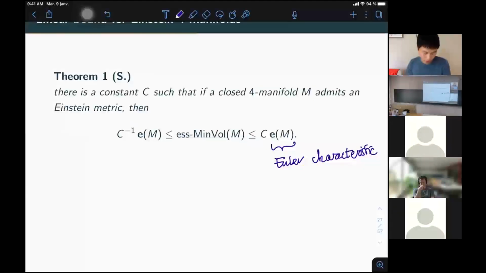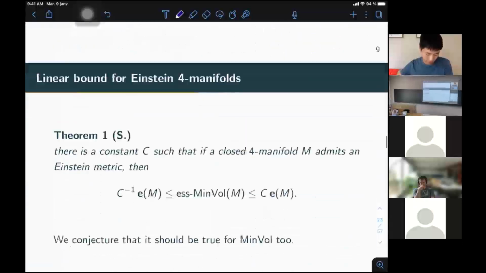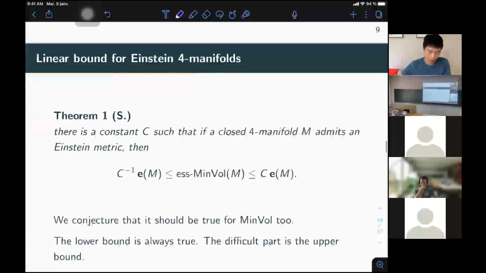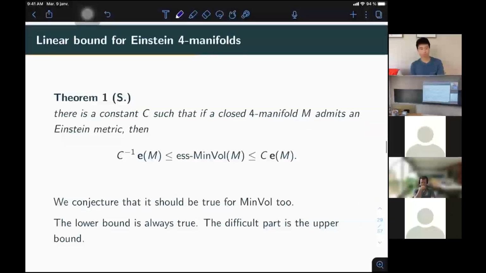Let's see. I want to make some comments about this statement. The first comment is that I think it should be true for the minimal volume, but I find it hard to show, and I'm going to try to explain why there's this discrepancy between the essential minimum volume and the minimal volume. Another thing is that the lower bound here is relatively easy to show.